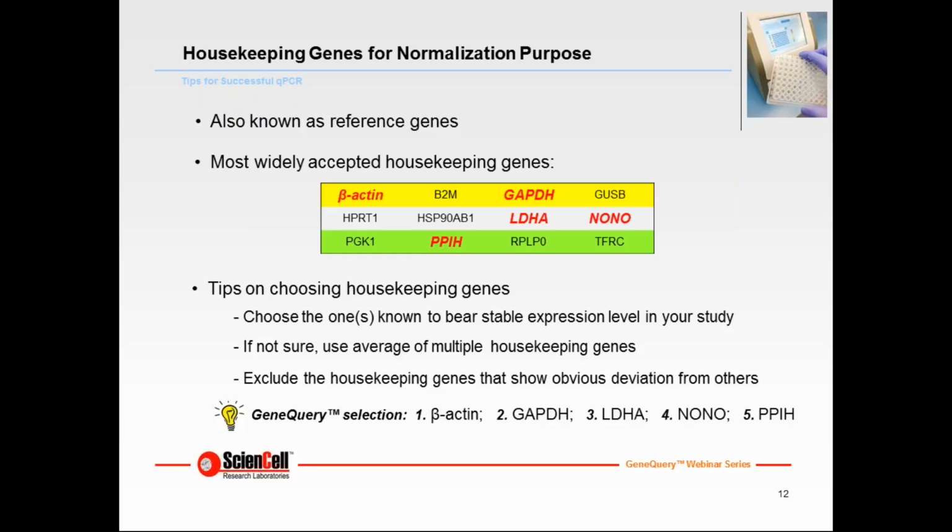Again, in our pre-designed GeneQuery qPCR array kits, to ensure accurate data normalization, we conveniently include 5 housekeeping genes: beta-actin, GAPDH, LDHA, NONO, and PPIH in each plate.